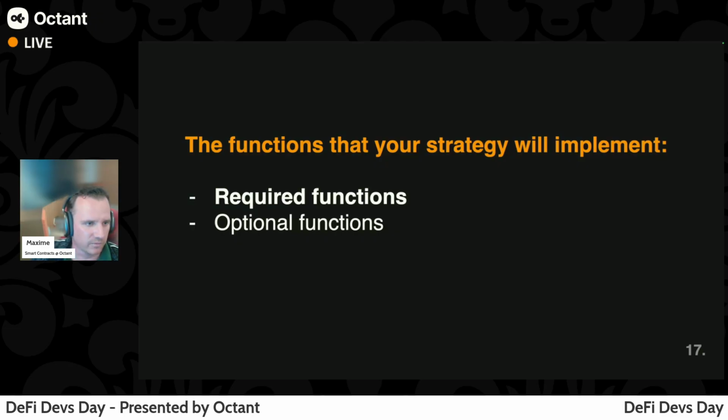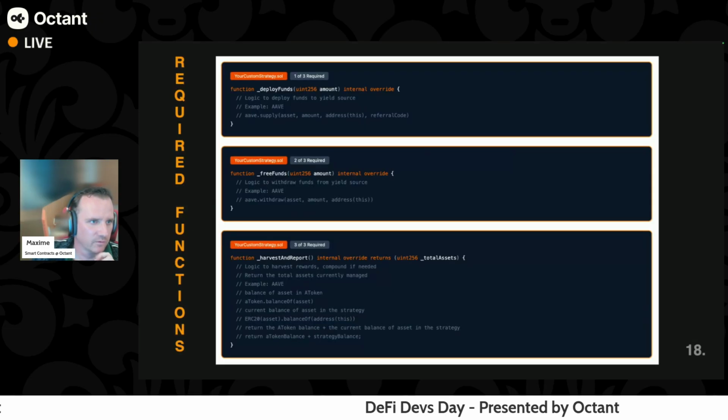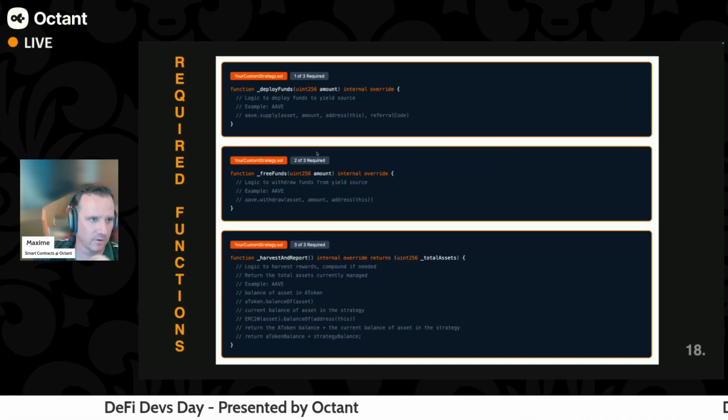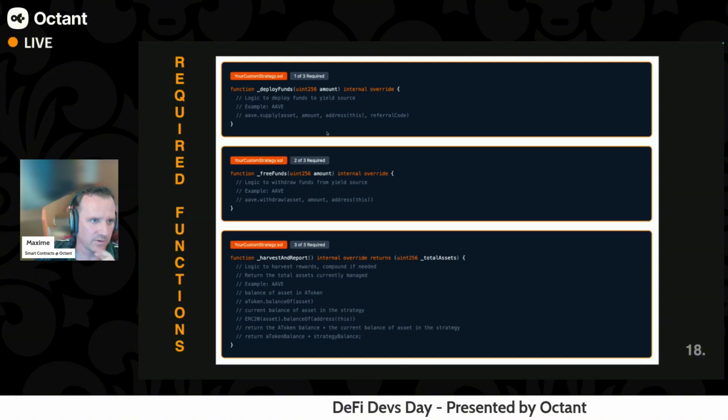So now I'll show you the functions that need to be implemented and the optional ones. The three functions that must be implemented all the time are the deployFunds function, which is called when you are trying to deploy funds to the yield source.